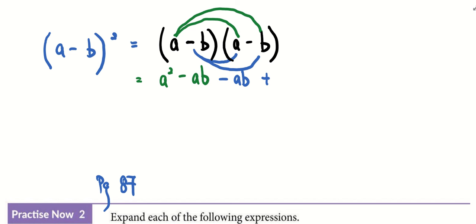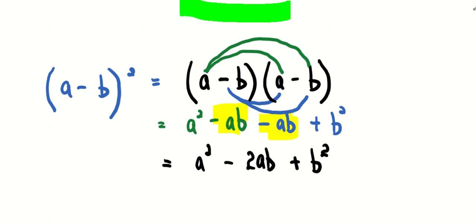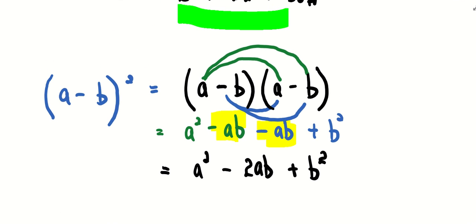B times B will give us B squared. Alright, it's always number times number, letter times letter. Again, we have like terms. So if I combine the like terms, A squared minus 2AB plus B squared. Alright, this is the second identity that you need to make use of, otherwise known as the formula.